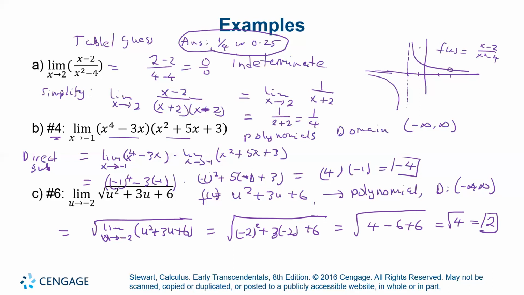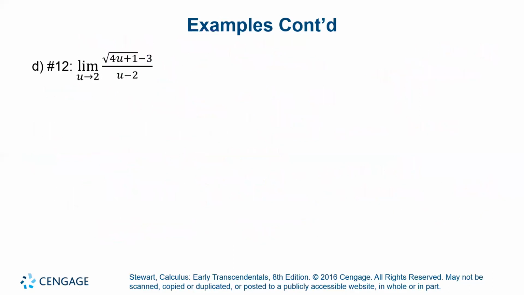Now the next example will require some algebra, so you've got to be careful. If I substitute u equals 2, the denominator is going to be 0, which is undefined.